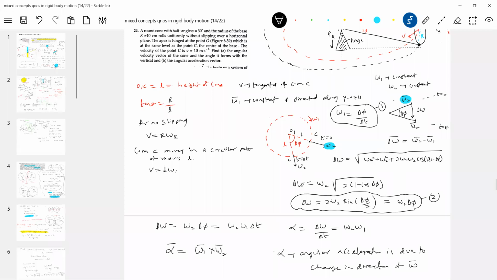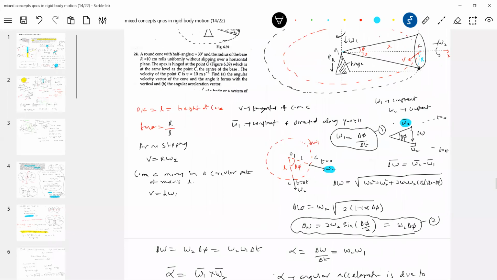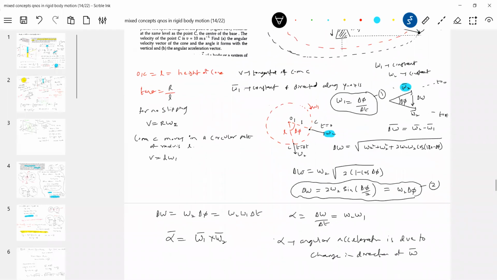I think we have the radius, we have V. Can we bring omega 1, omega 2? I think we have alpha and radius, slant length, and omega 2, omega 1 is needed, so that if you substitute, you get the required answer. So let me get into the calculation part. And this is a theoretical idea now.